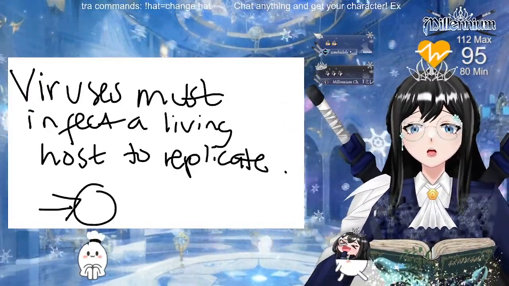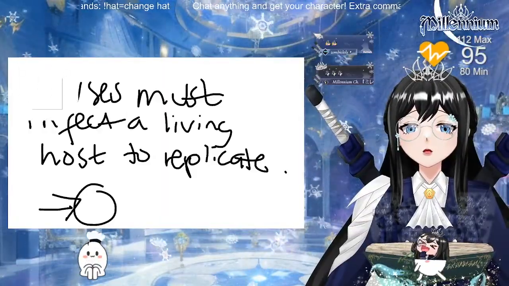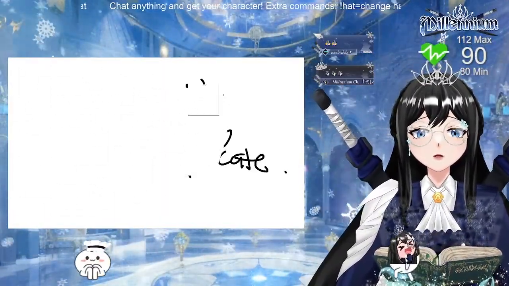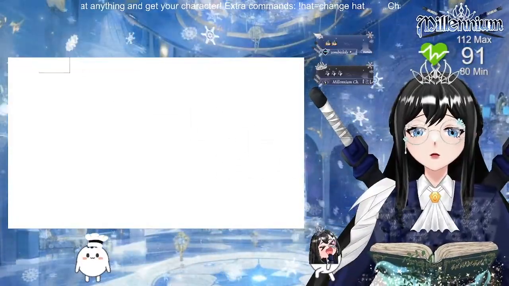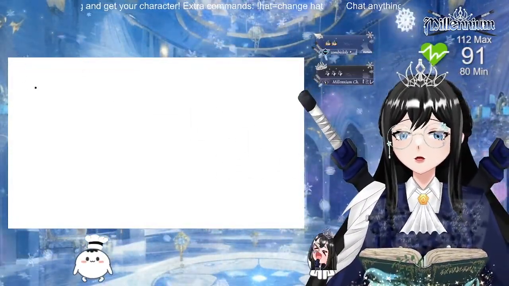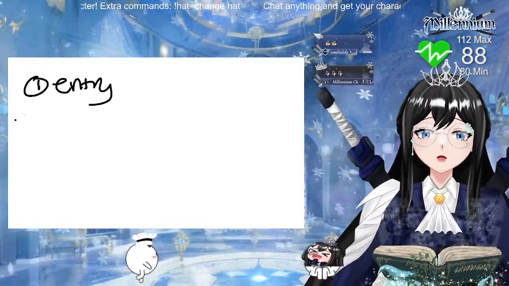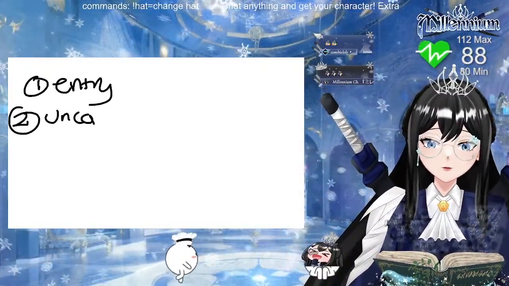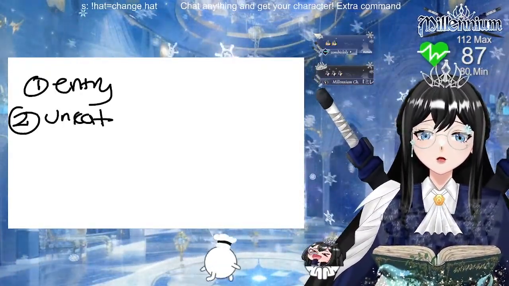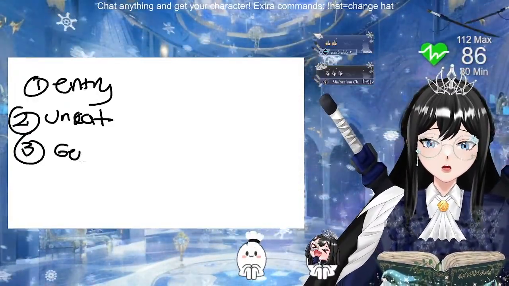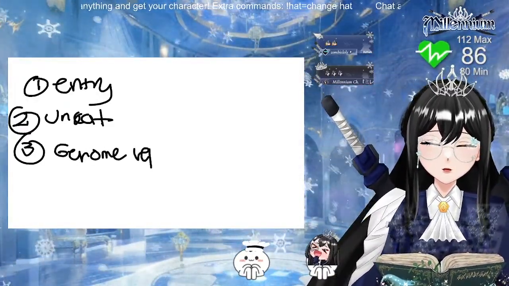Just as an overview for the viral cycle, you have number 1, entry. Number 2, uncoat. Number 3, genome replication.